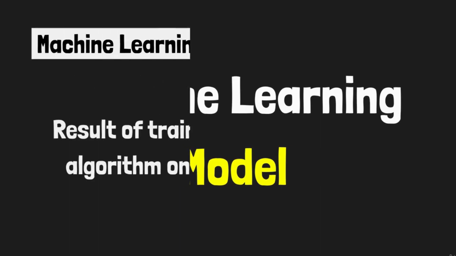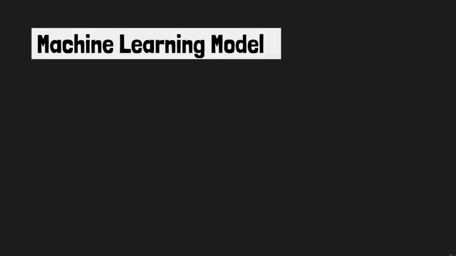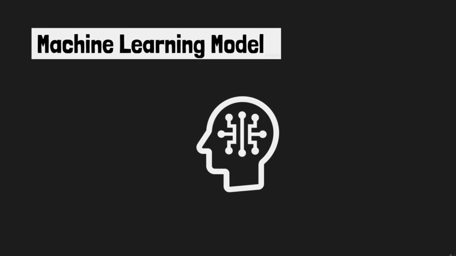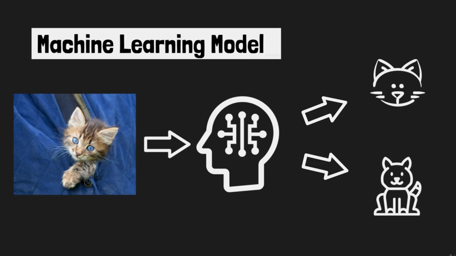Let's next talk about machine learning models. A machine learning model, or simply model, is the result of training a machine learning algorithm on a particular dataset. Here is an example to help illustrate this concept. Let's say we want to create a model that can recognize whether an image contains a cat or a dog.